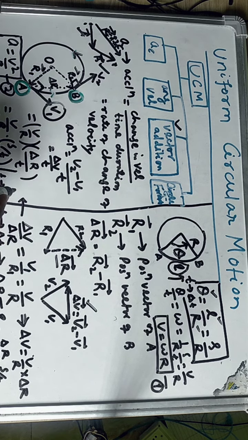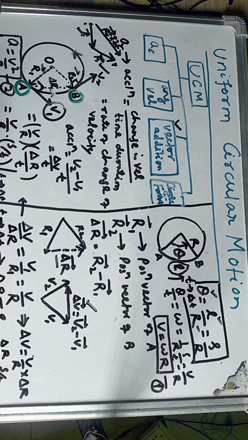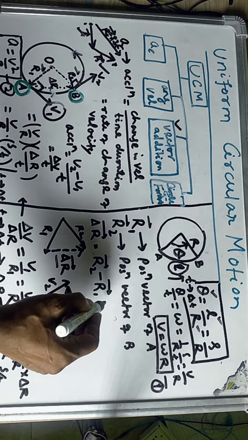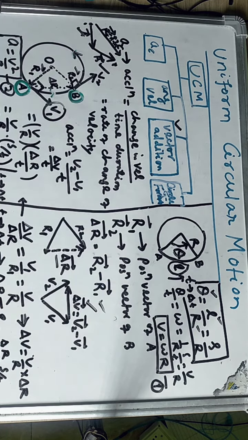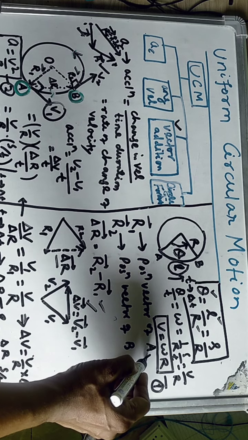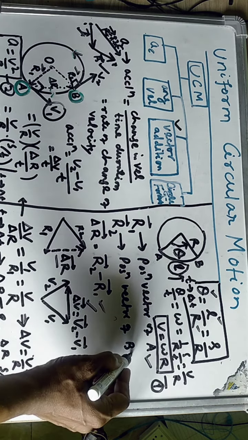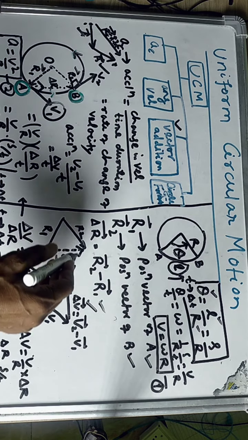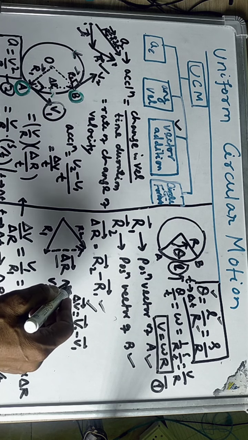Delta R becomes R2 minus R1. R1 is the position vector of point A and R2 is the position vector of point B. Delta R is the vector addition of R1 and R2.